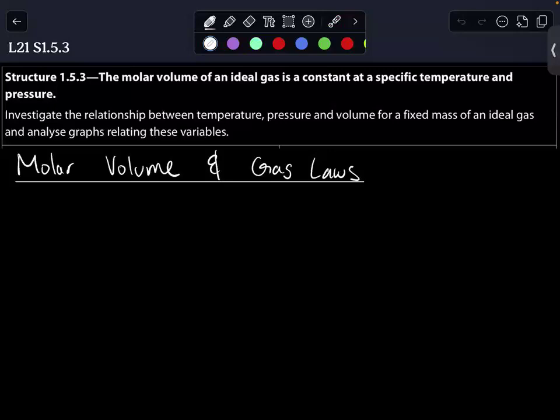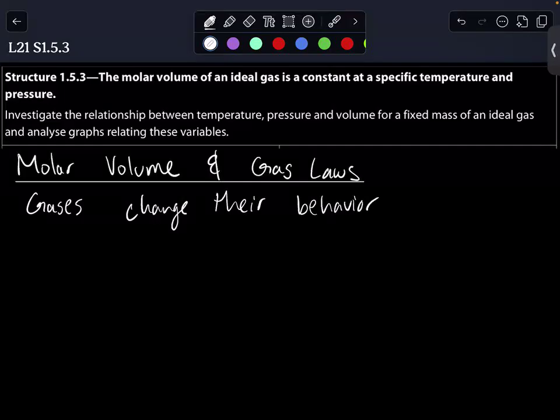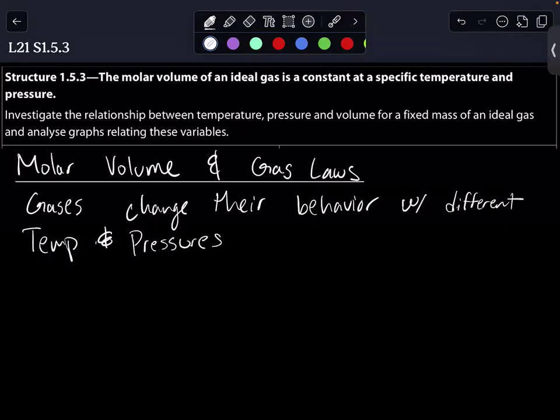But as we jump in, the first thing we have to do is recognize that, as we've already discussed, gases change their behavior, well, properties or whatever, with different temperatures and pressures. So for scientists to discuss gases, we created a standard. Therefore, we define STP.